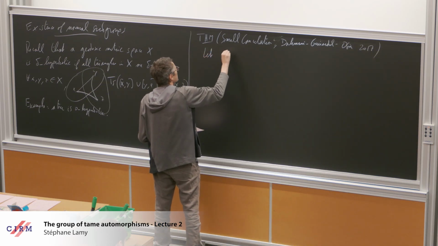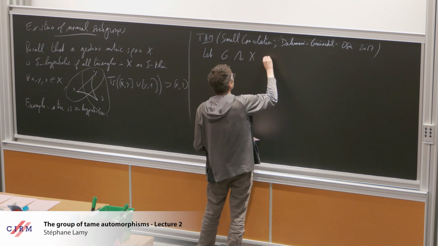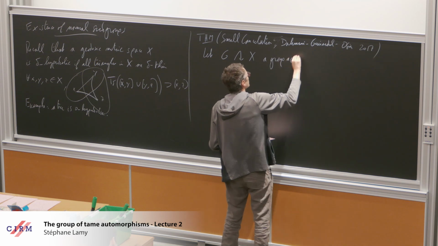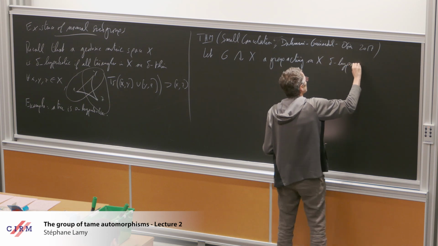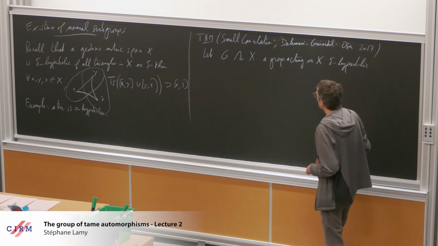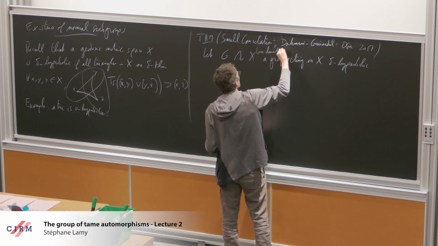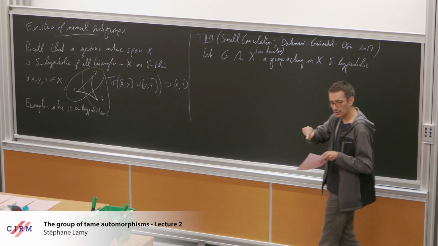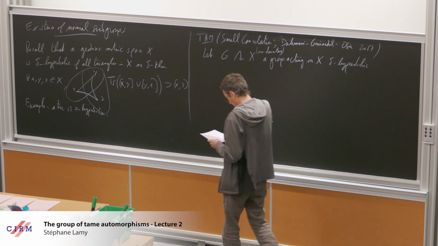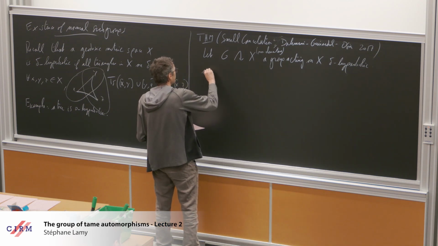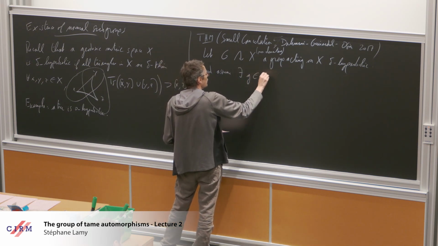Let G be a group acting by isometry on such a space. And I guess you want the action to be non-elementary, which here means there is no fixed point in X or at the boundary, so it's not a trivial case. And assume there is g in the group.